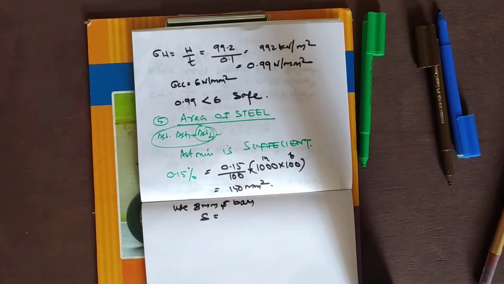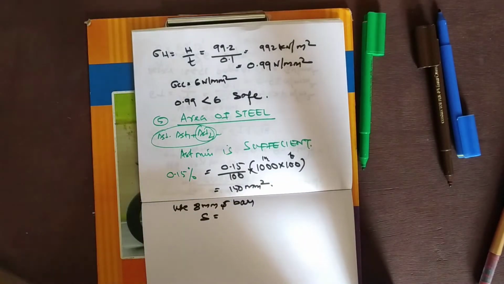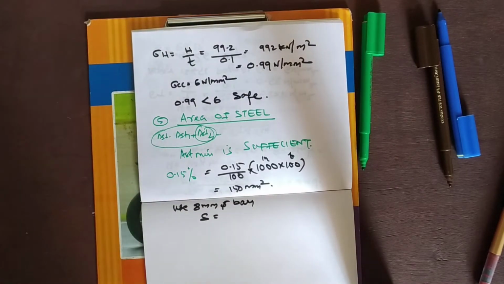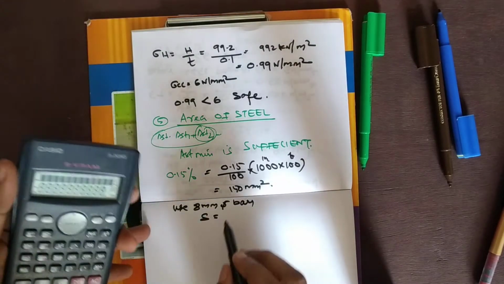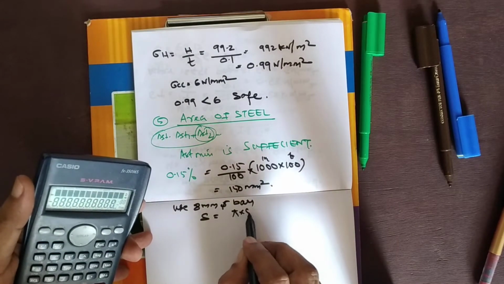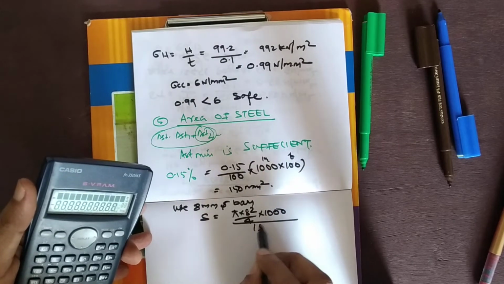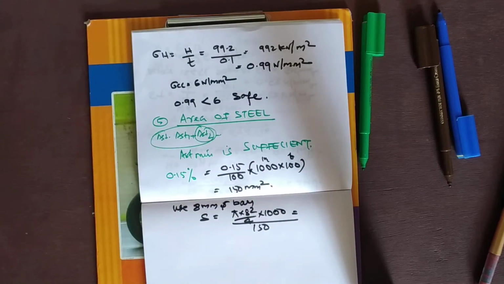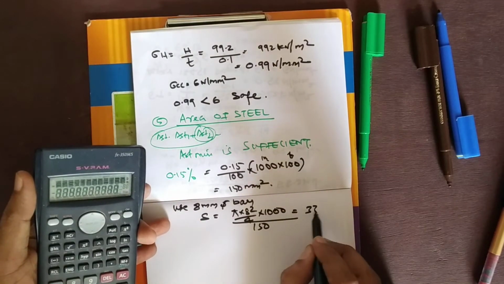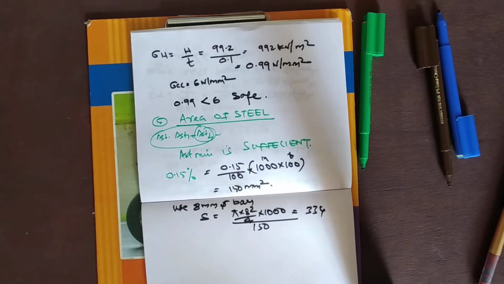You can find it out like pi d square by 4 into 1000 divided by 150. This will come around 334.